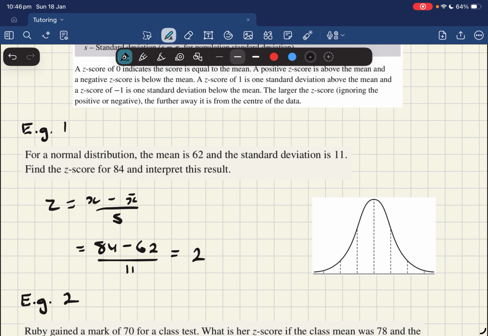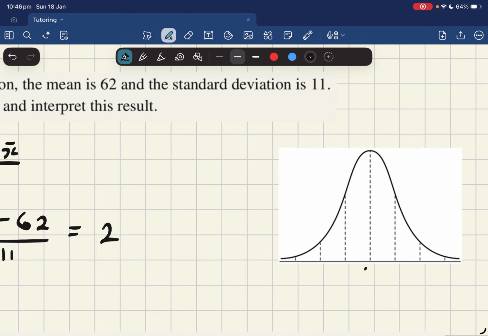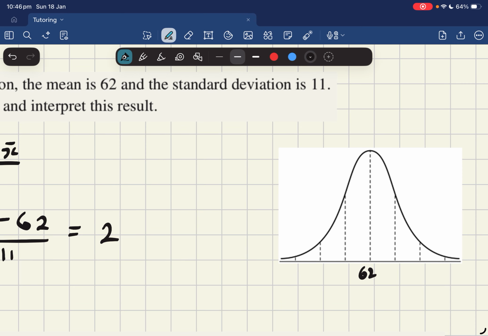Now, thinking in the same way that we did in the last video, let's just write this in how we did before and just check that this is actually valid. So we have 62 and we're trying to find out what score is 2 standard deviations above the mean. If we do it like we did in the previous video, we would just add 11 each time. So we would say, cool, that's 62.